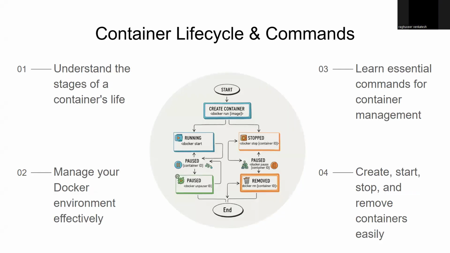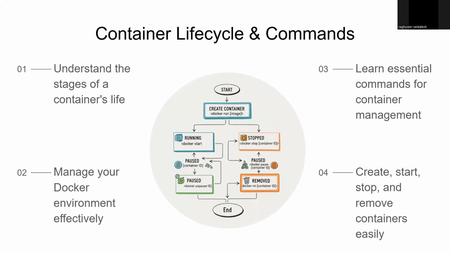This is how the container lifecycle works. These are the different stages in a Docker container lifecycle. Once you create the container using docker run, if there's some problem with that image or program, it will go to the stopped state.